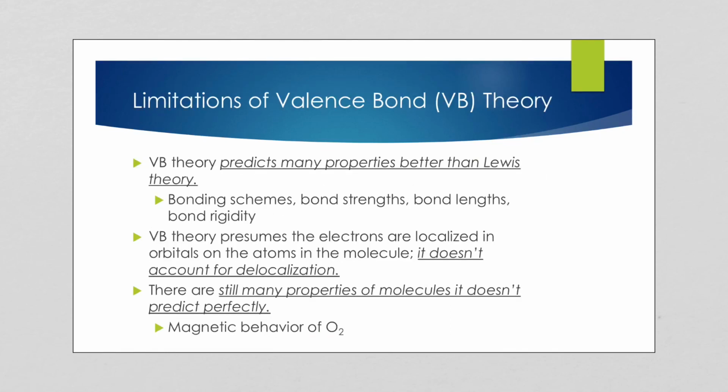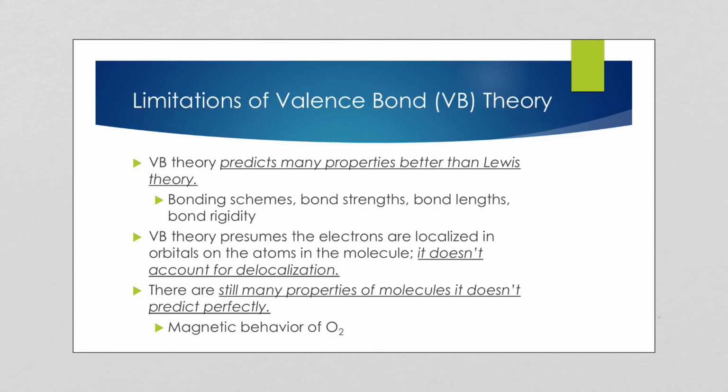So that brings us to the end of our discussion of valence bond theory, and one of the things that I want to do is to sort of summarize where we are, and that is that Lewis theory is the starting point, right? It's a starting point for doing all of this, right? We want to understand the basic ideas. But valence bond theory sort of extends this and improves it in some ways.